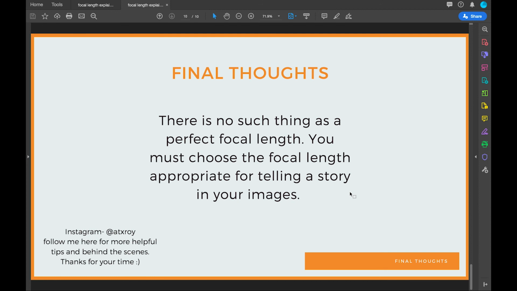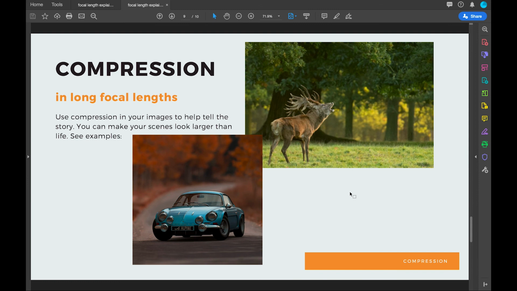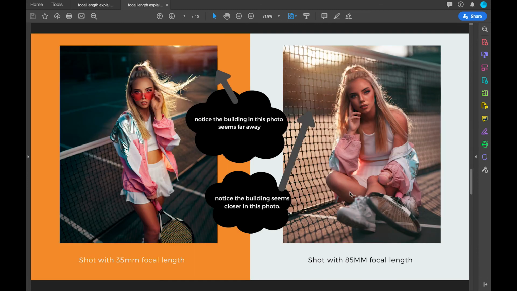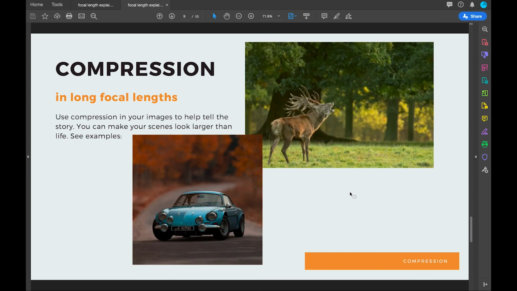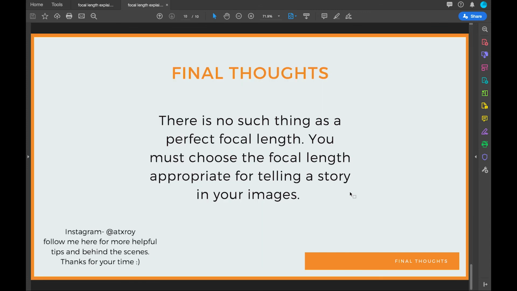Again, if you understand how focal lengths operate with the compression, the distortion, and the emotions and feels that you're going to get out of your images, then you can really use this as a tool. Again, you are the director, you are a photographer, you are making all the calls, and use focal lengths as a tool to really help you and assist tell the stories.